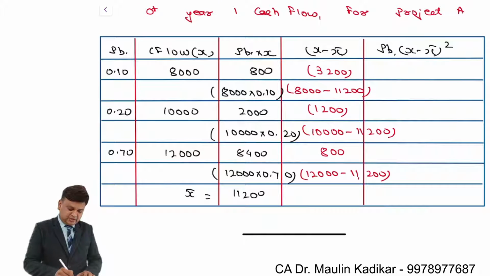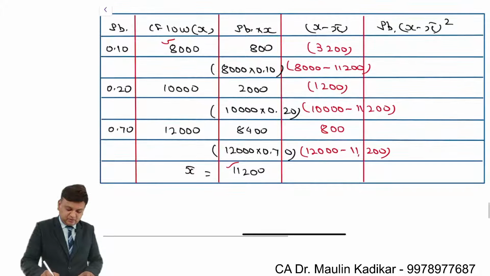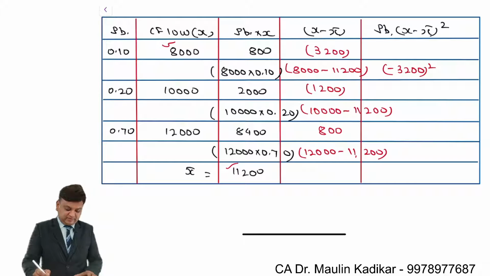This is the way we will compute the x minus x bar. Then x minus x bar whole square. So basically to remove the effect of negative, we make square into probability, that is making a kind of average.